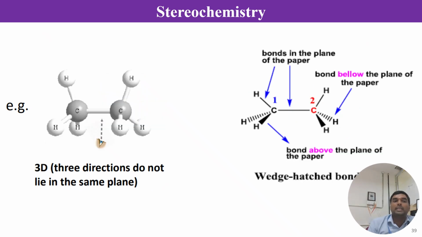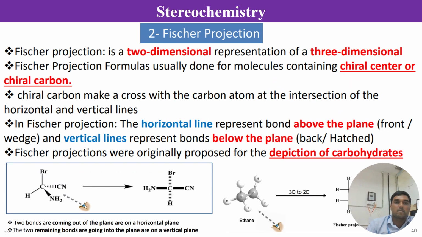Now, when you talk about ethane in three-dimensional structure, it is basically a wedge-hash structure where we can see that C1 and C2 protons have some kind of interactions. In a Fischer projection formula, which is a two-dimensional representation, the main fragment of the molecule is on the vertical line, and some functional groups are on the horizontal line.